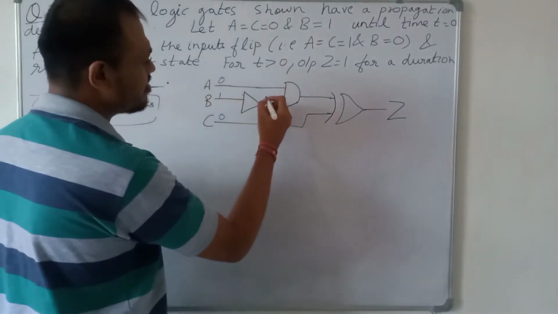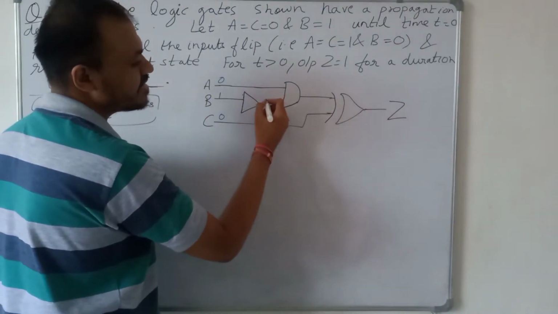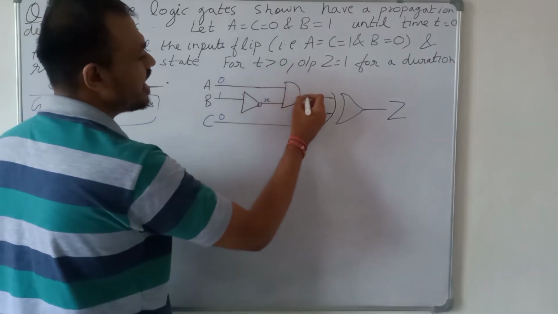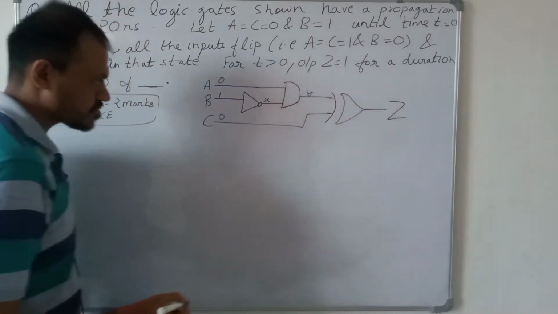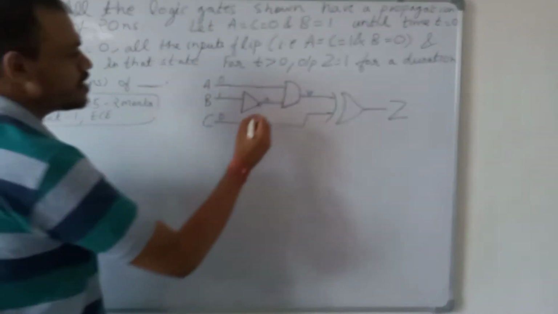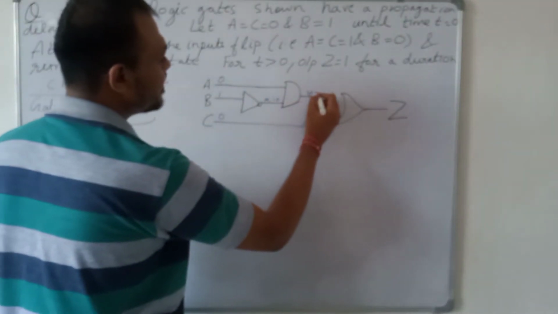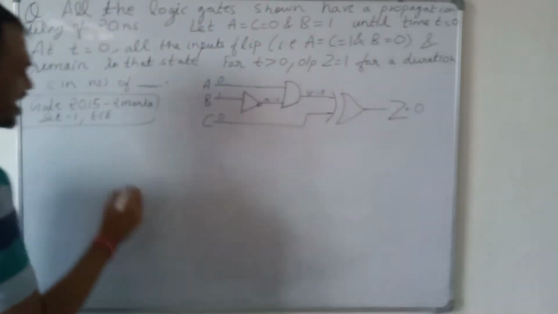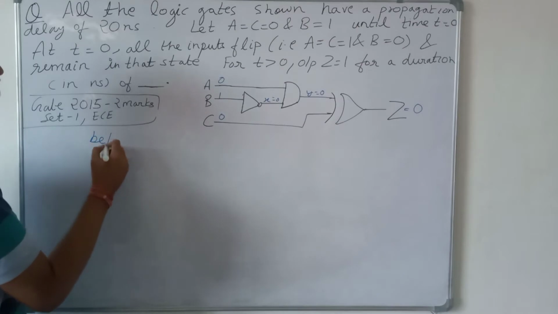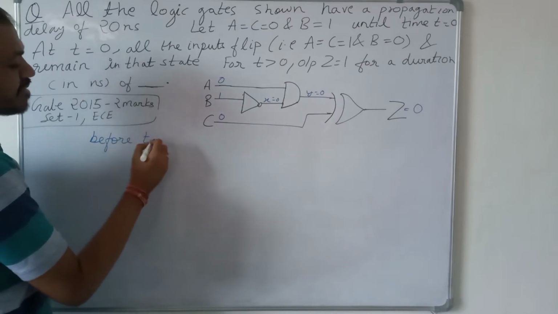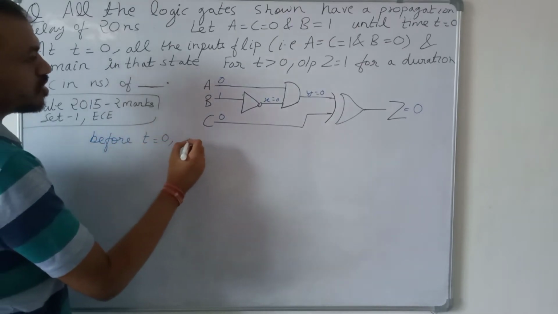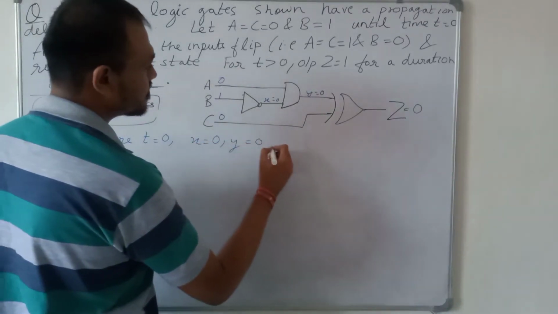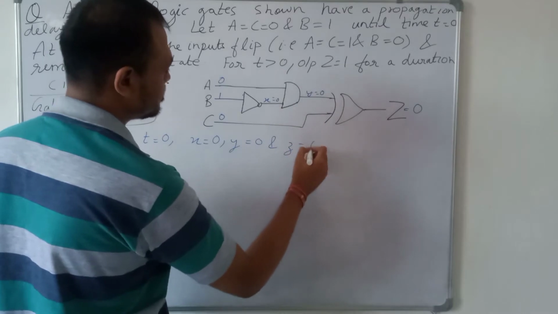Let the output of this NOR gate be X, and the output of this AND gate be Y. So X is equal to 0, Y is equal to 0 and Z is also equal to 0 before t equal to 0.